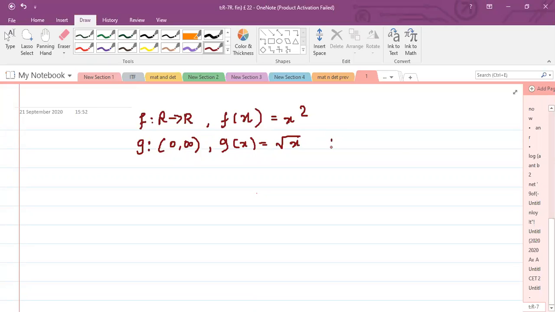Which option is not true? Okay, so which one is not true?